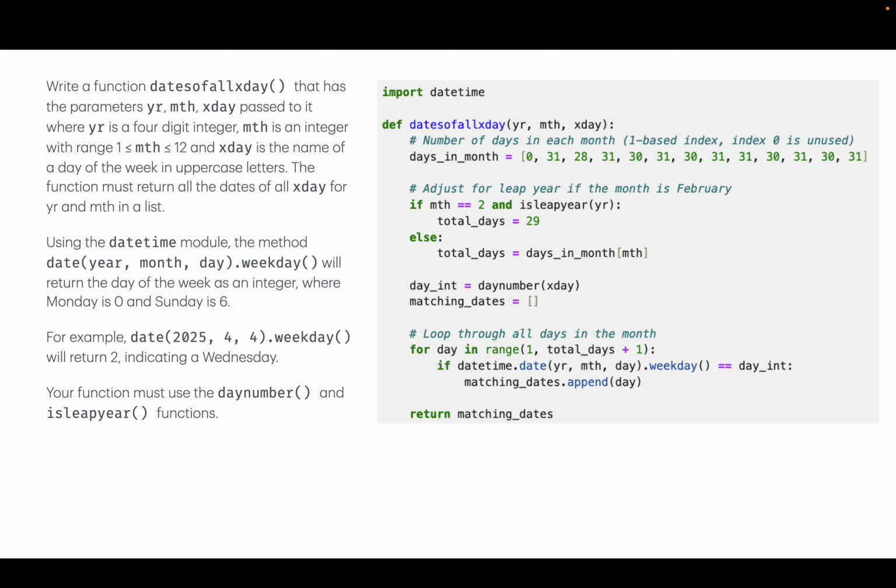So by doing this, let's say my input now gives me the year, gives me the month, and then my X day say is Sunday. I will actually go through my list, and whenever I hit a Sunday, I will collect that day number and put it into a list called matching dates. So I will have 4 or 5, depending on the results, what I've chosen.